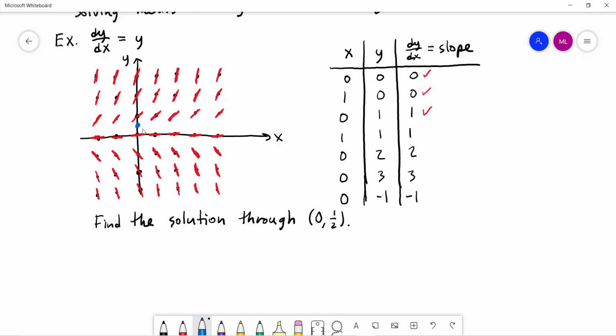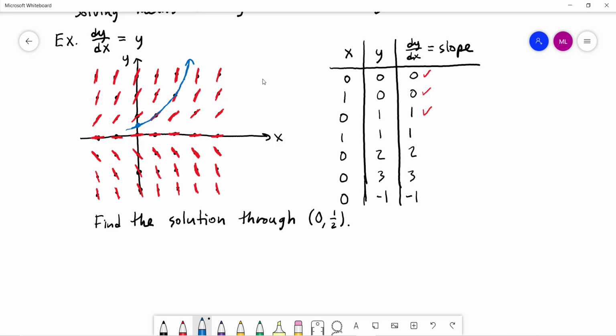If I tried to draw a solution that passes through this point and follows sort of the trend lines that I've drawn here, I would say, well, it looks like it needs to have a slope of about 1/2 as it passes through this point. So it's not going to be that steep, but it's going to be going up. Then it looks like maybe that would increase and kind of go through here. It looks like from this one, it would kind of follow up to this one, and then that starts to get steeper and steeper and steeper. So maybe it'd go something like that.